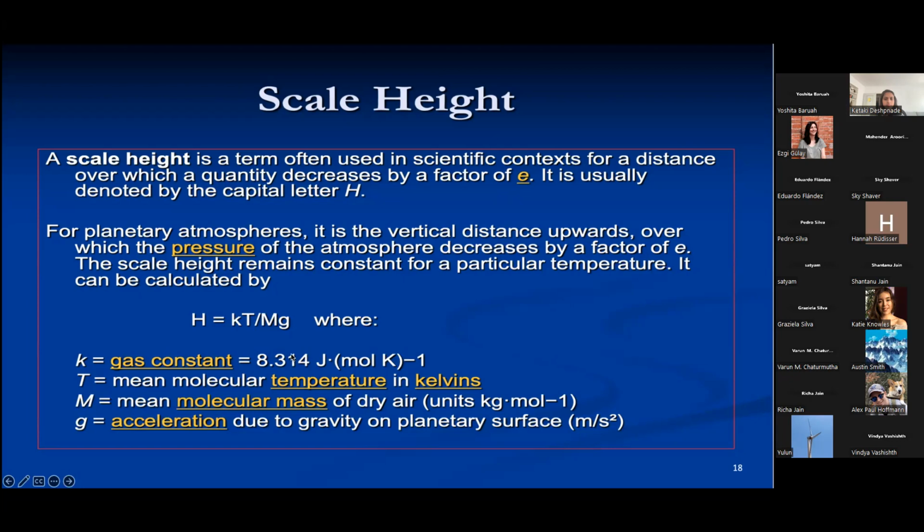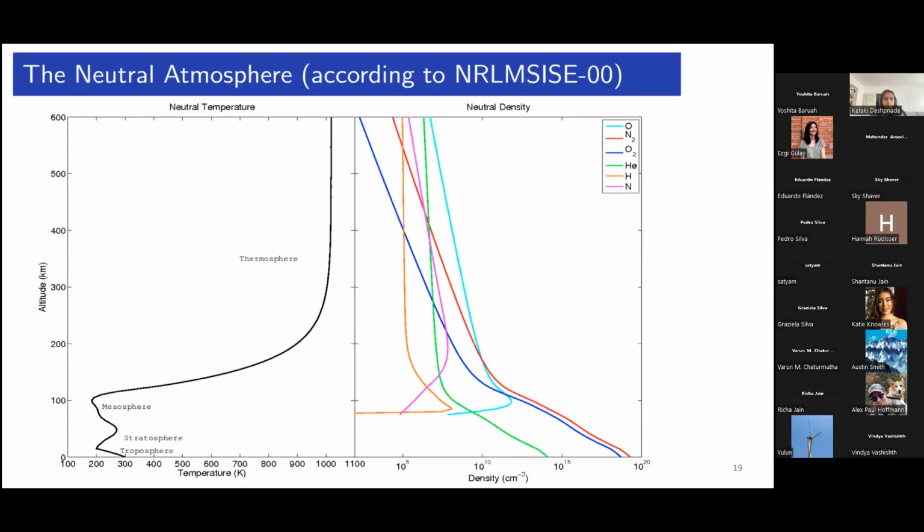Now, what happens in the atmosphere, and this is just to give you a sense of what's going on, is that there's a scale height for each one of these different compositions. Because of gravity, we have different amounts at different layers.